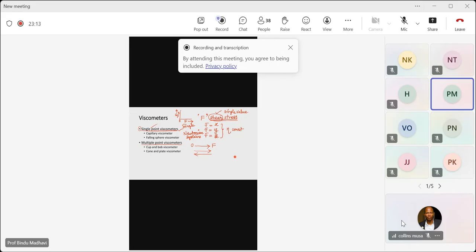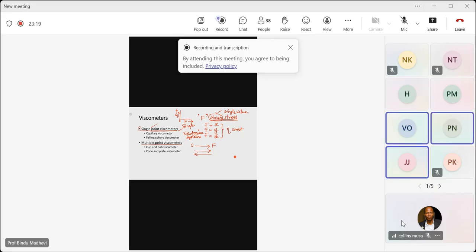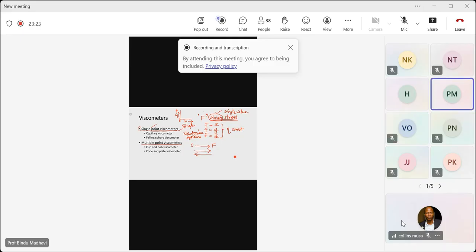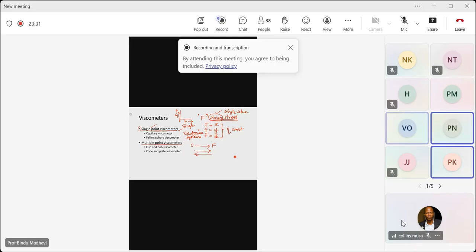Now everybody tell me, single point viscometers are used to measure the viscosity of Newtonian systems. And now the second question. Multiple point viscometers are used for the measurement of viscosities of non-Newtonian systems.